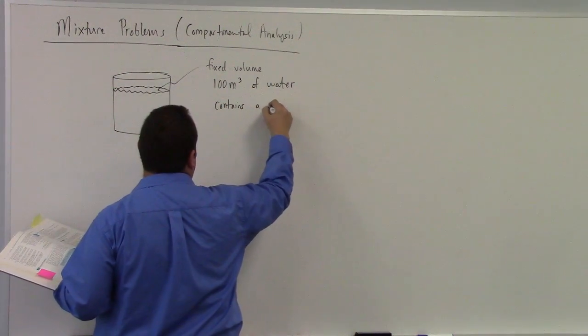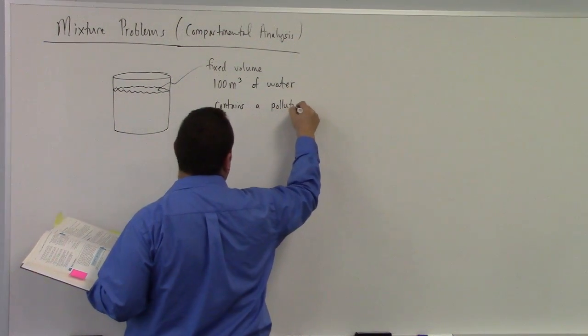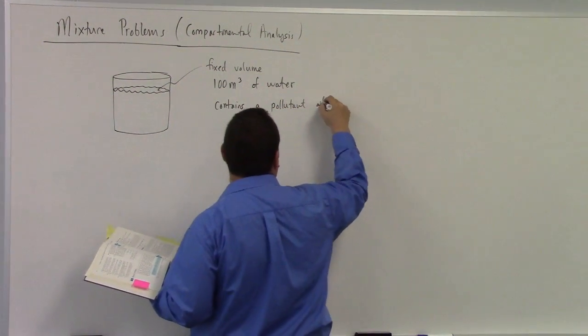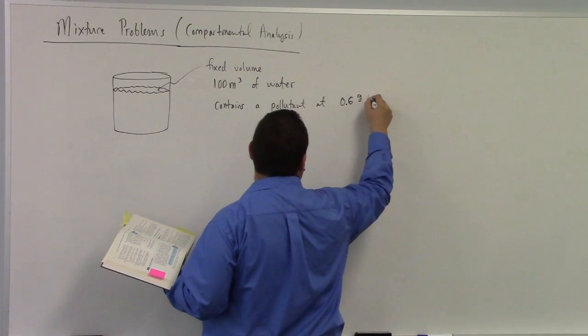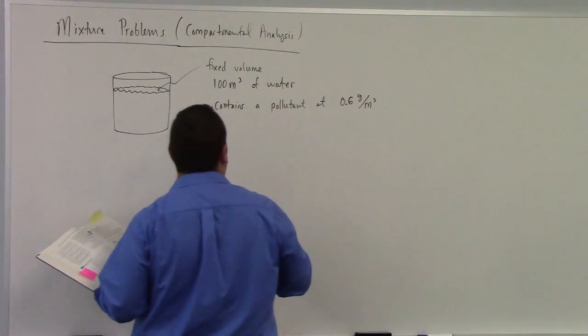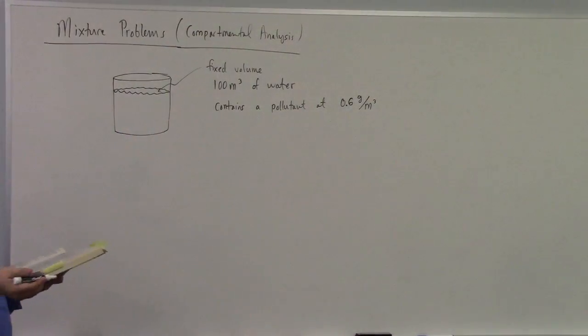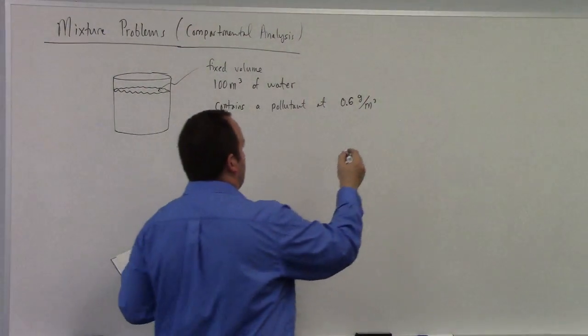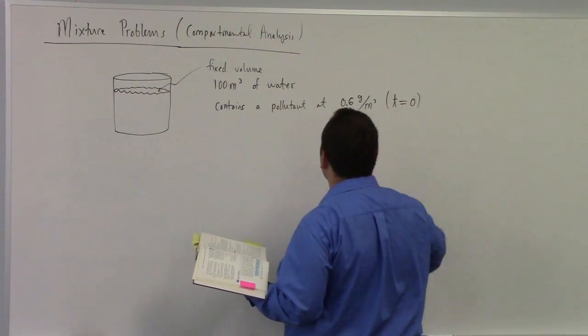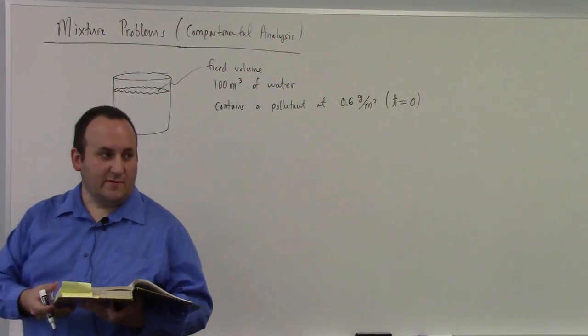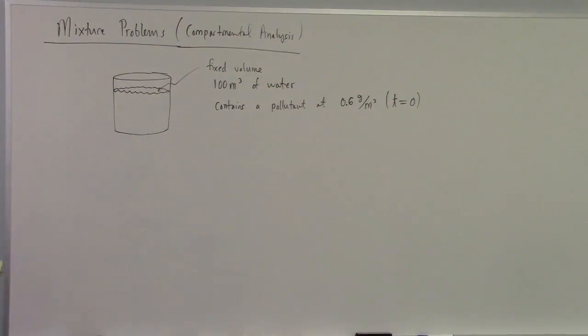Contains a pollutant at 0.6 grams per meter cubed, all right? That's initially, let's say when t equals 0. It has that concentration. Amount per volume is called concentration, all right?